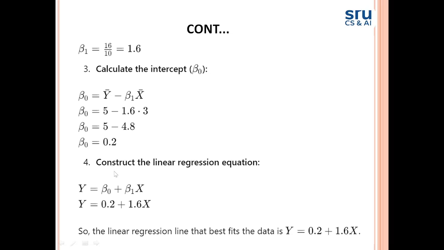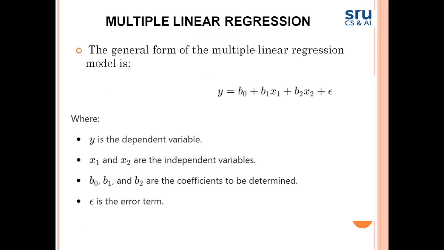Then we have to construct the linear regression equation, y is equal to beta naught plus beta 1 into x. When we put all these values, we get 0.2 plus 1.6 into x. So the linear regression line that best fits the data is y is equal to 0.2 plus 1.6 into x.